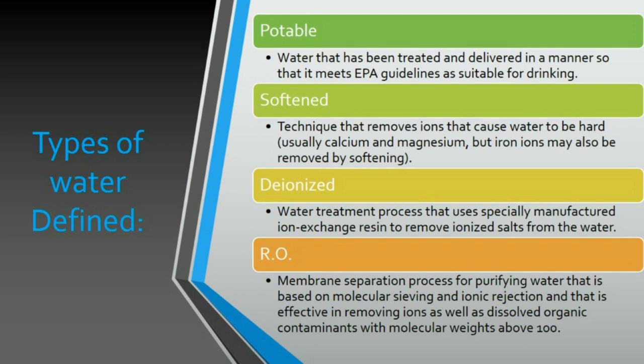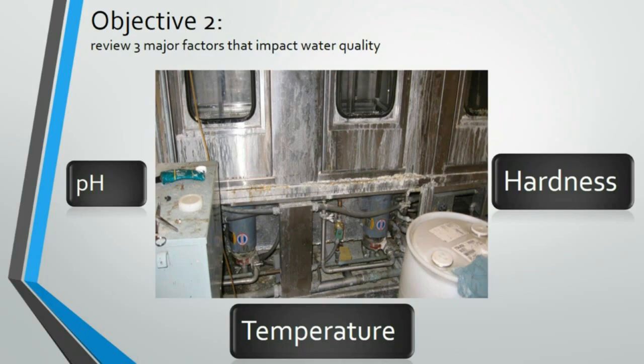And reverse osmosis is a membrane separation process for purifying water that is based on molecular sieving and ionic rejection, and is effective in removing ions as well as dissolved organic contaminants with a molecular weight above 100 parts per million.